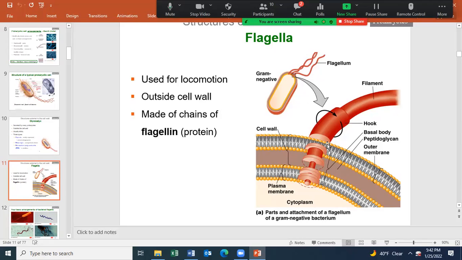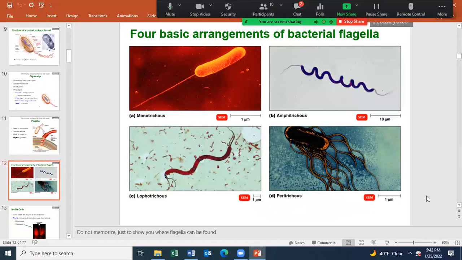Here's the cell wall right here. There's a small portion of it that goes through the cell wall. And there's even a portion of it that's hooked to the plasma membrane. So it's mostly outside the cell wall, but it's not entirely outside the cell wall. The flagella is made of proteins, which we call flagellin.